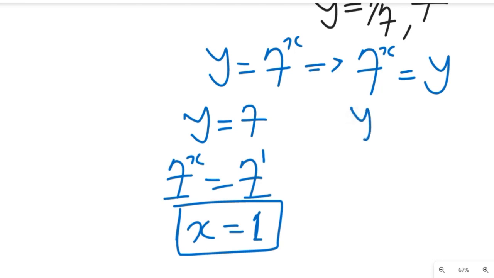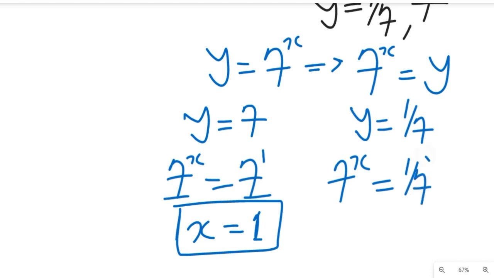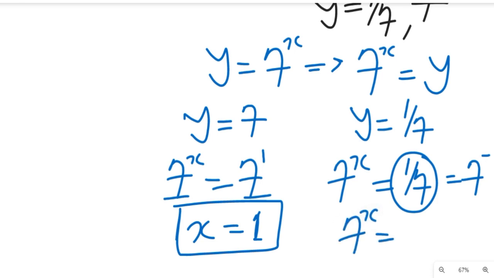Now let's assume that our y is equal to 1 divided by 7. So that will give us 7^x equal to 1 divided by 7. And remember that this whole thing will give us 7 to the power of minus 1. So we'll take this to be 7^x equal to 7 to the power of minus 1.